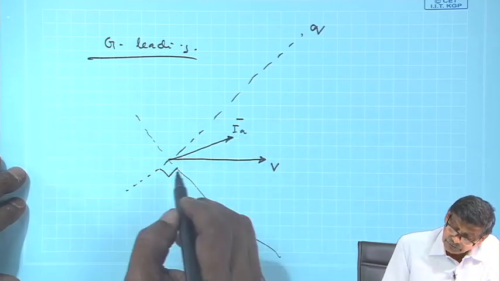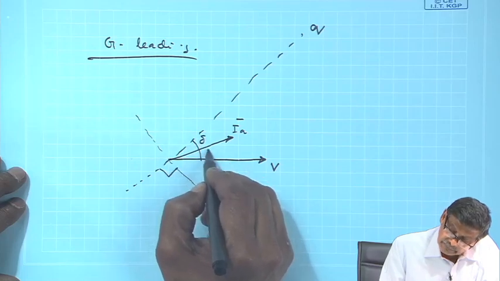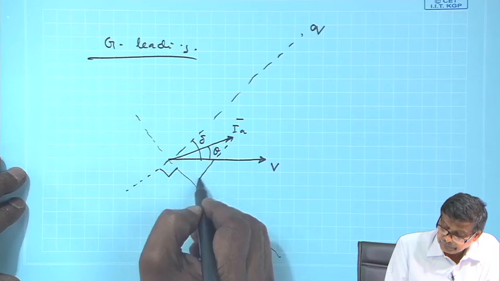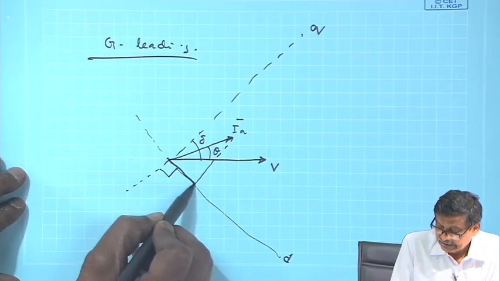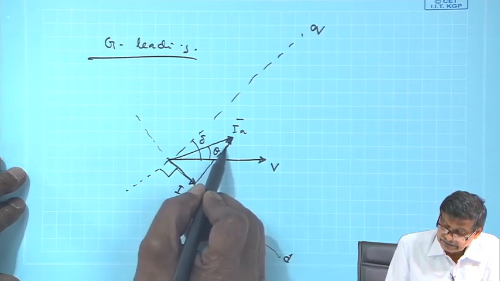Then what do I have to do? Then you know this angle is delta, this angle is theta. Then I have to break it up into two components, the d axis component, that is I d, and this is I q.